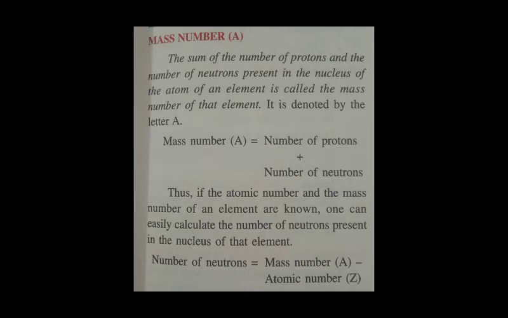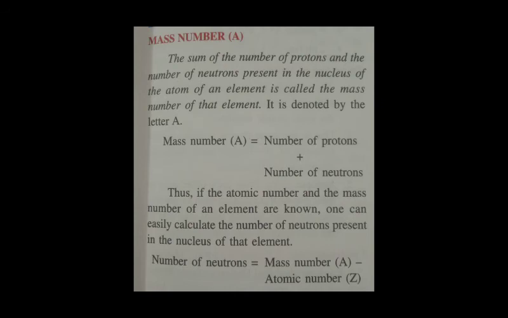Next we have mass number. These are the terms related to the number of electrons, protons, or neutrons. Mass number is the number of protons plus the number of neutrons, or we can say it is the number of nucleons present in an atom. So if the mass number is known and we subtract the atomic number, we'll get the number of neutrons.